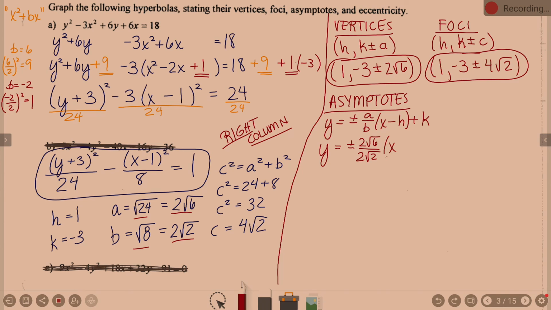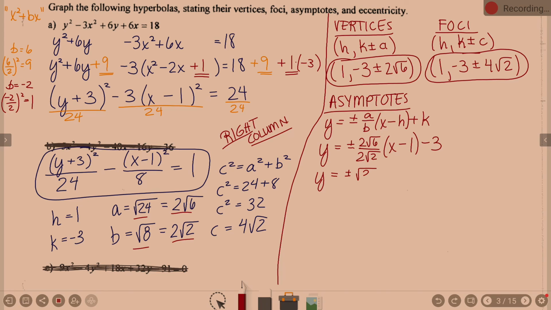X minus 1 plus k, so I'm going to say minus 3. If we clean up what is essentially the slope, plus or minus, in this version the 2's cancel. What's square root of 6 divided by square root of 2?